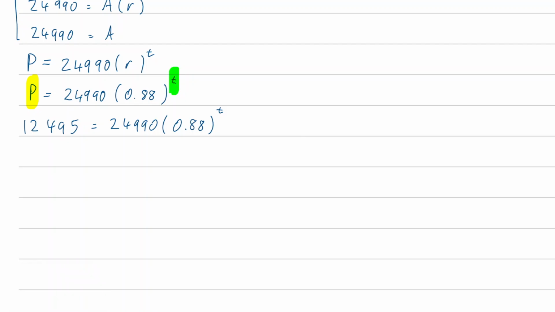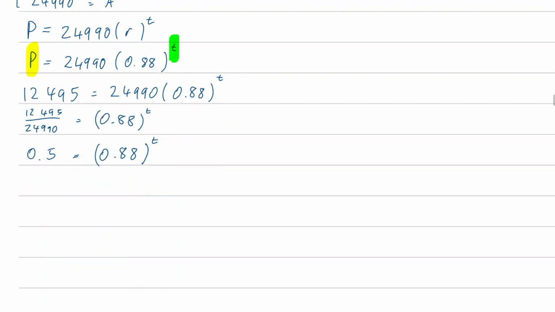Let's solve this using logs first. We can divide both sides by 24,990 to get 12,495 over 24,990 equals 0.88 all to the power of t. And the left hand side should equal 0.5, because 12,495 was half of 24,990. You can always check on our calculator.